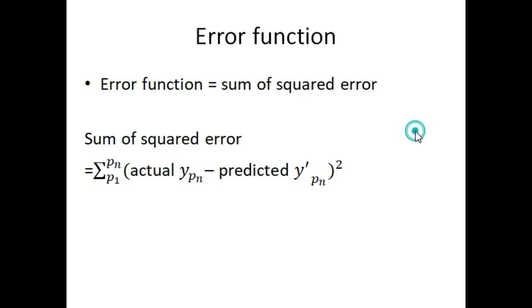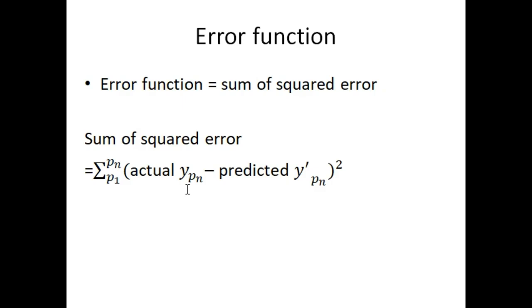So the next concept is the error function. For our problem, the error function is equal to the sum of squared error. Just look at this equation: the sum of squared error is equal to the summation from p1 to pn, where p1 to pn means the number of points. If there are 3 points, pn will become p3.